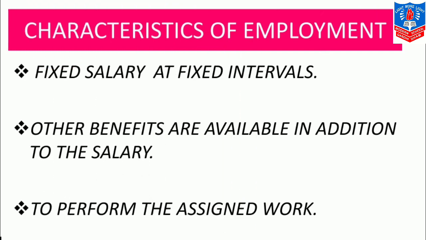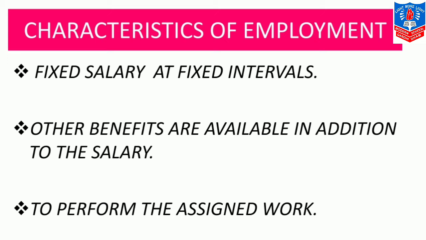Now come to the characteristics. Number 1, fixed salary at fixed intervals. Any kind of physical or mental work which a person does, for that he gets a fixed salary at fixed intervals.